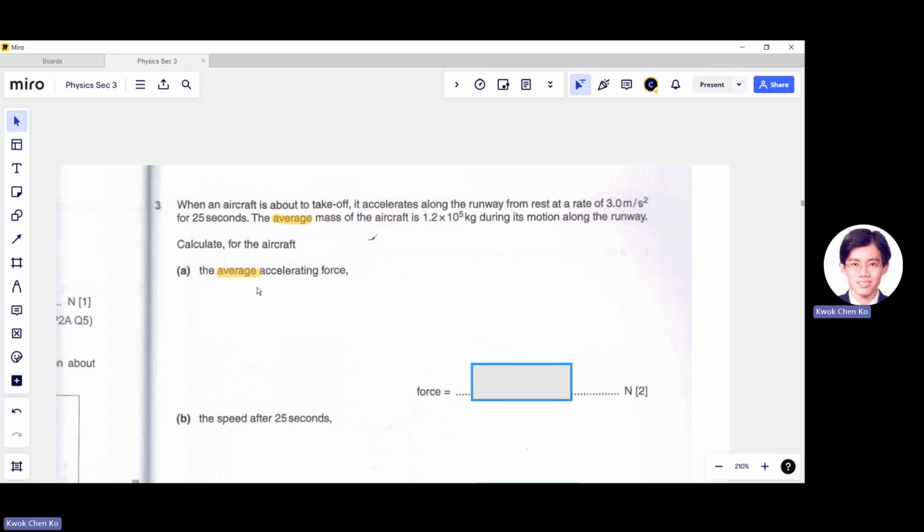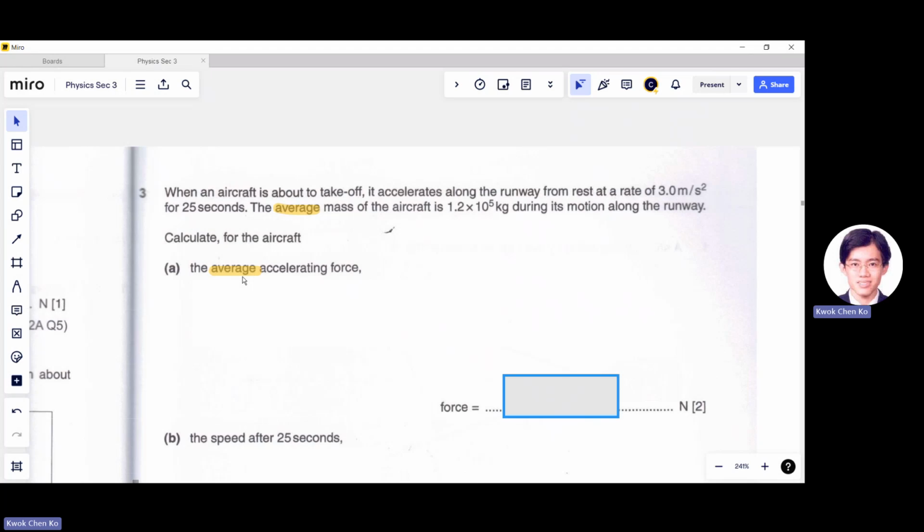Okay, likewise, you see the word average again, right before accelerating force. Why do they have the word average there? Now, I shall give you a hint. Essentially, if you ever see the word average, it means that whatever factor it is describing is actually changing with time, or at least changing.